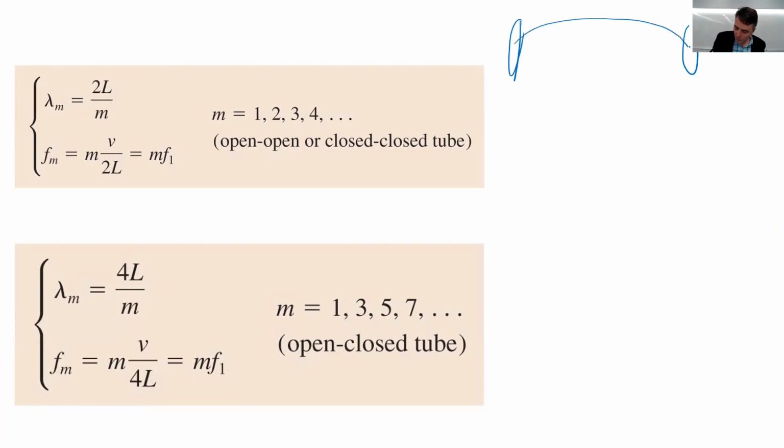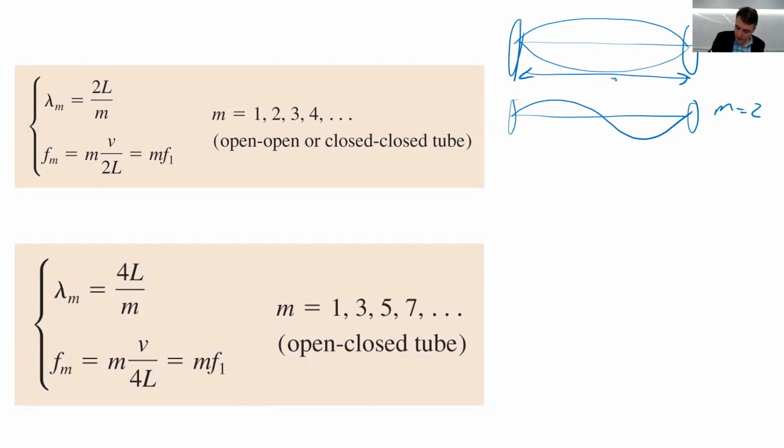You'll have m equals 1, with nodes at the end. Then m equals 2 will be something like that. You have 1 intermediate node, and so this right here is the wavelength. L equals the wavelength over 2. Whereas this one, L is equal to the wavelength.